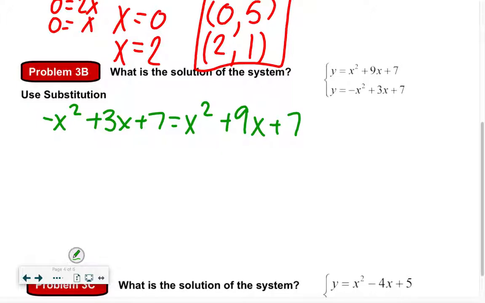Then what? Bring everything to the right, so I'm going to have 0 over here on my left. Negative x squared, if I bring it over, this becomes 2x squared. Subtract 3 from 9, I get plus 6x. Again, what happens with my 7s? Cancel out.